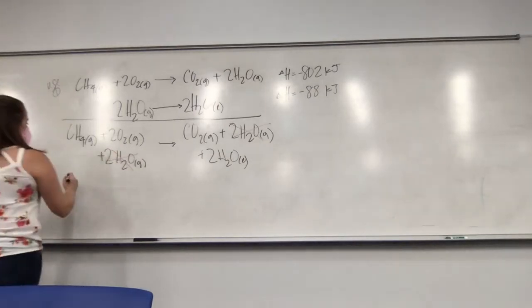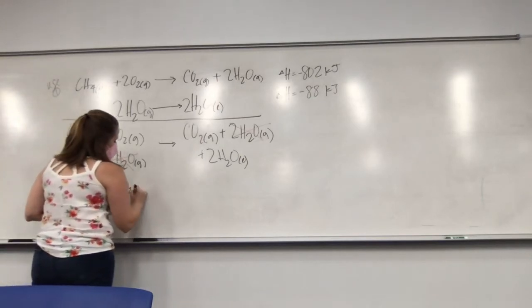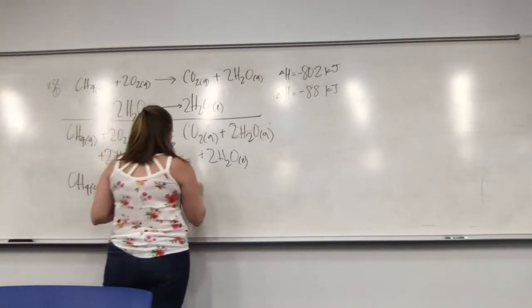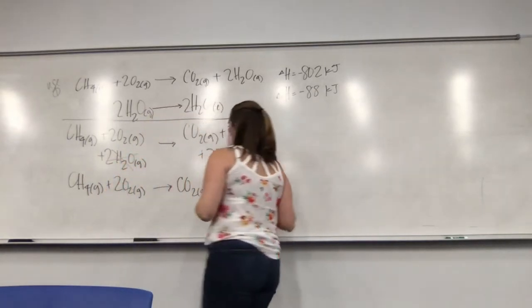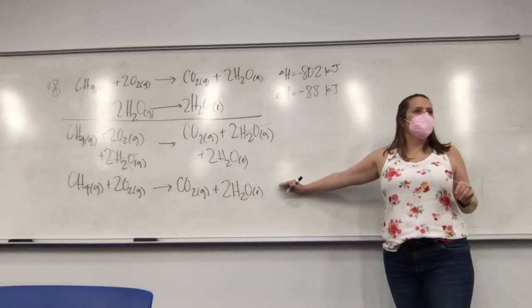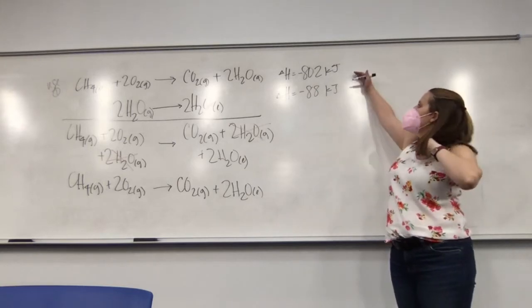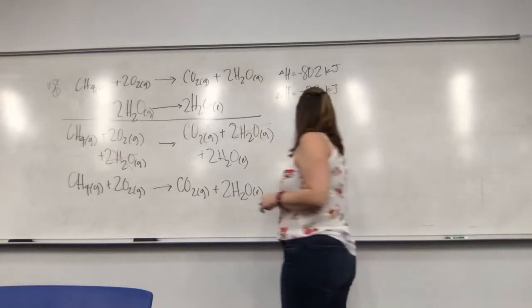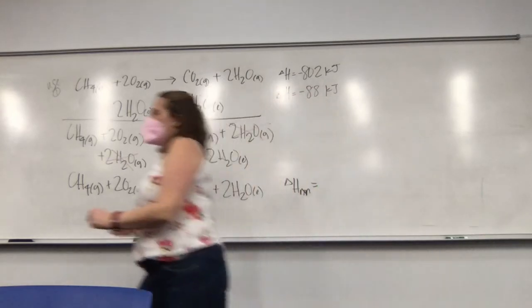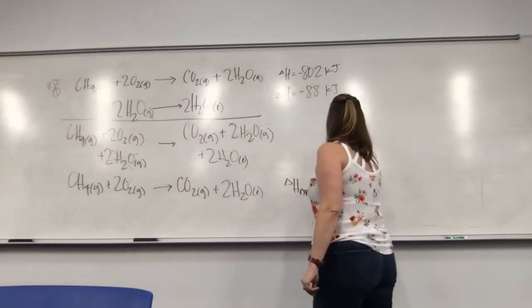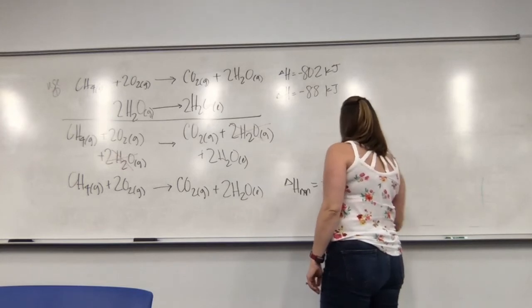So we can sum up our equation: CH4 gas plus 2O2 gas goes to CO2 gas plus 2H2O liquid. This looks like what we wanted. You have reached your destination. That's all it's asking you to do. So now we add up our two delta H's to determine that delta H reaction is equal to negative 890 kilojoules.